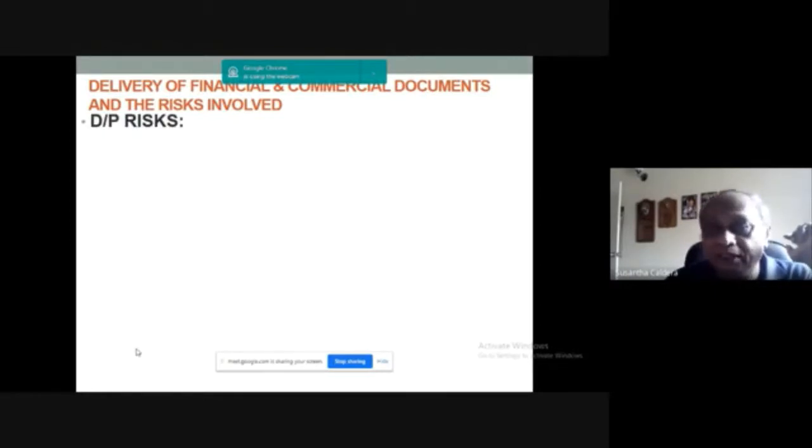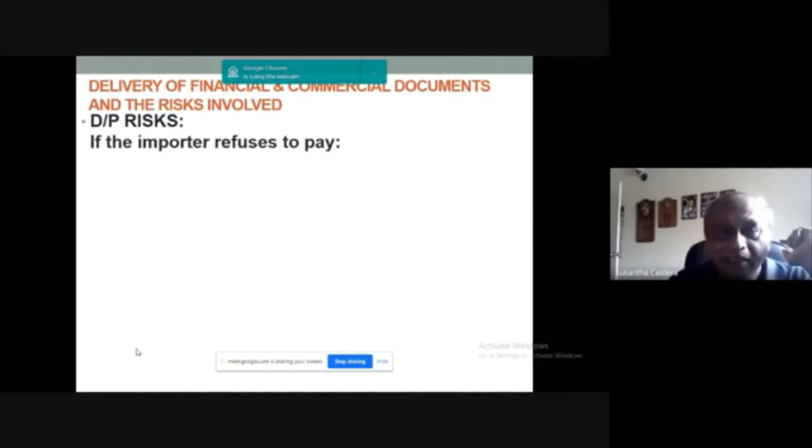When you talk about the delivery of financial and commercial documents, we can discuss it under two main topics, that is DP and DA. DP means delivery of documents against payment. DA means delivery of documents against acceptance. First we'll discuss the risks involved when we release documents under DP.